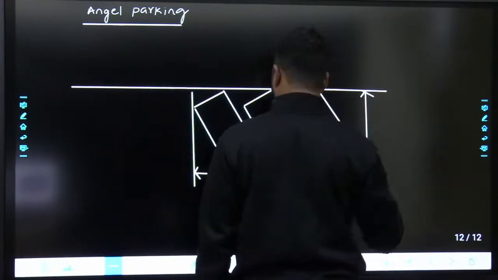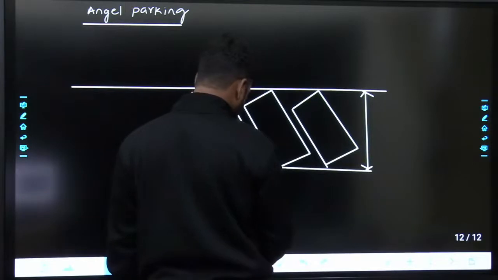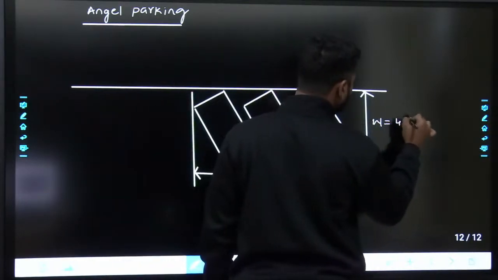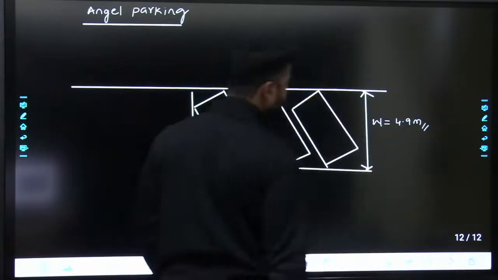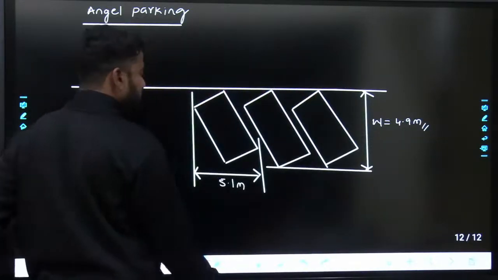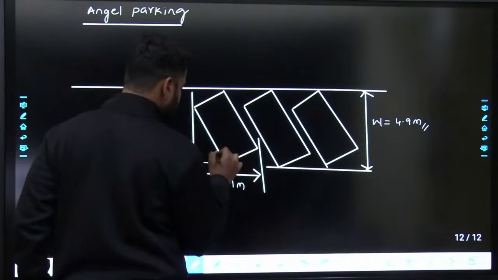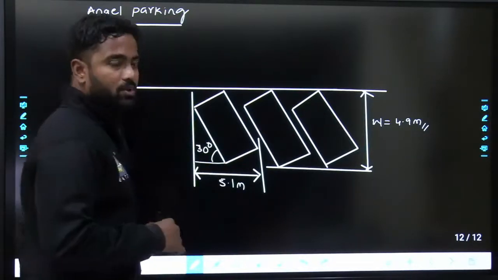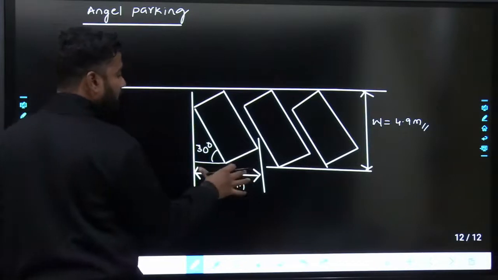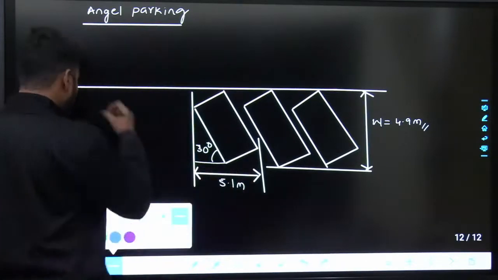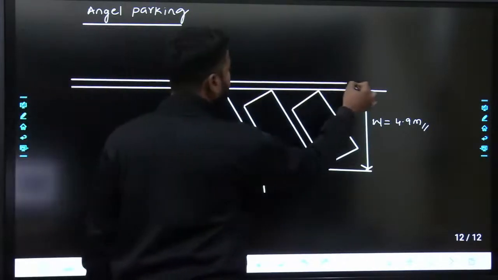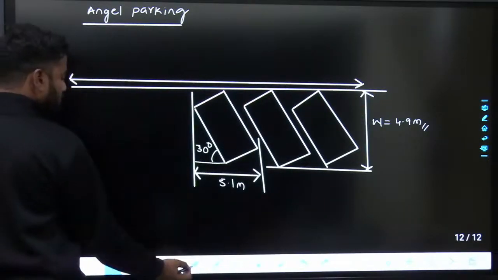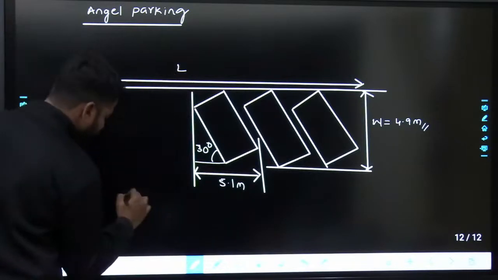The width requirement will be more here, generally 4.9 meters. 30 degrees parking means this angle is 30 degrees. So the width requirement will be more, and the number of spaces available along the length will increase. Why? Because the distance along the length will be reduced.